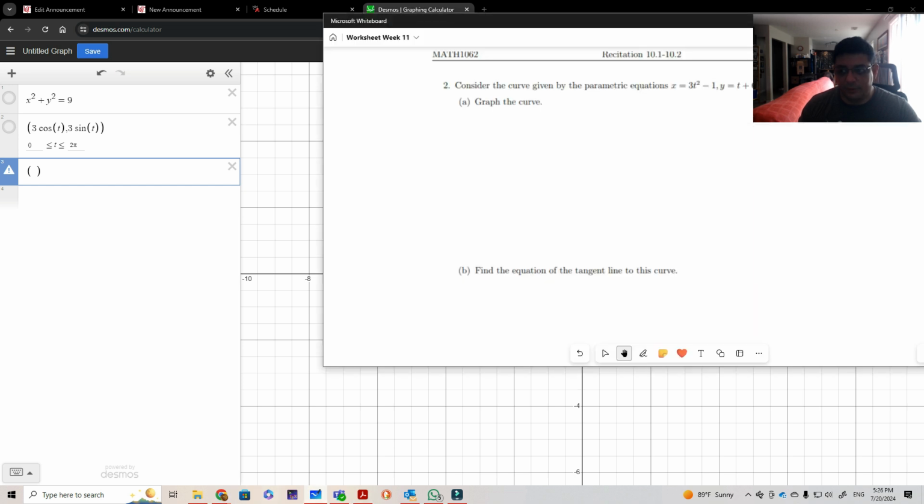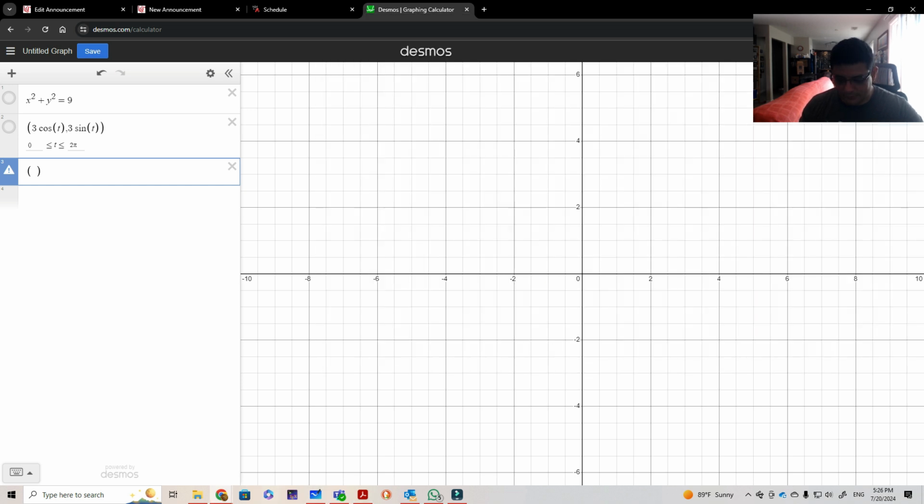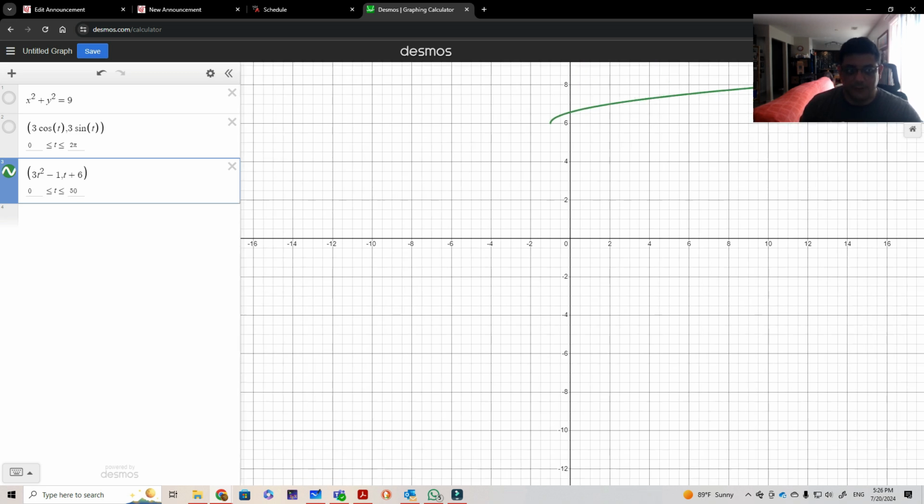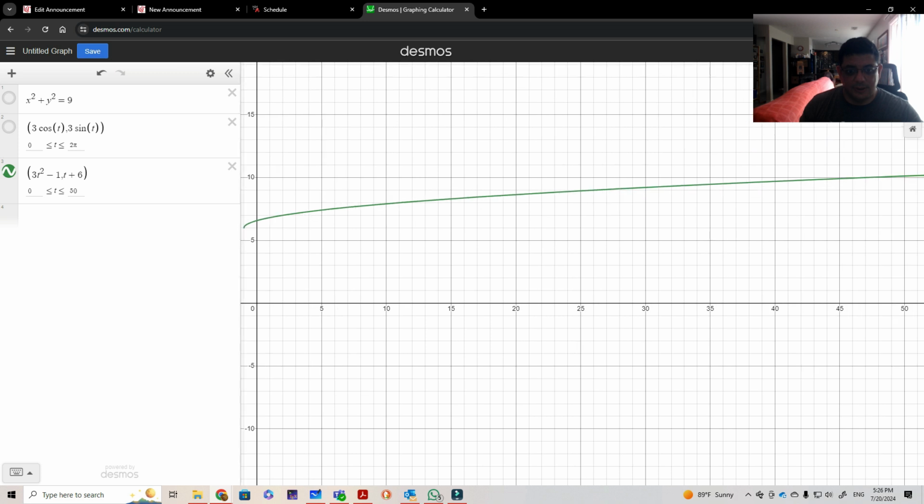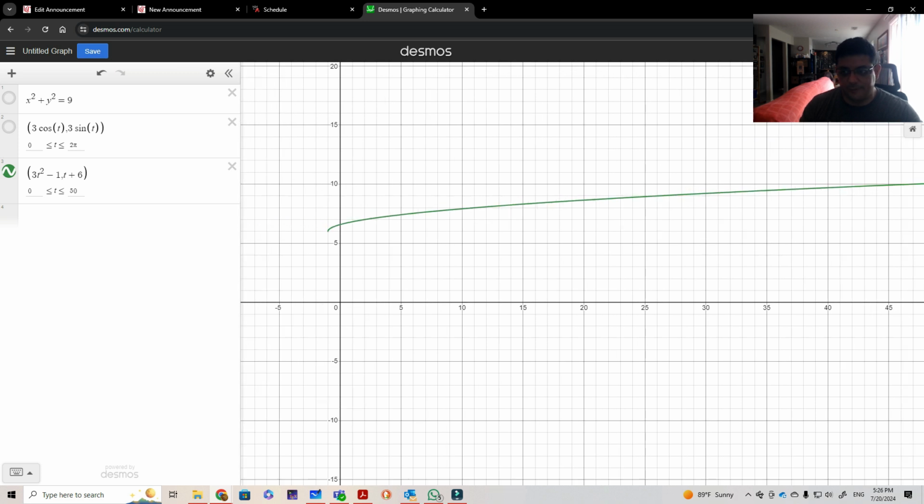So we have 3t squared minus 1 comma t plus 6. This is saying bigger than 0, so I'm going to go with 0 to, I don't know, 50. And this is giving me this curve over here.